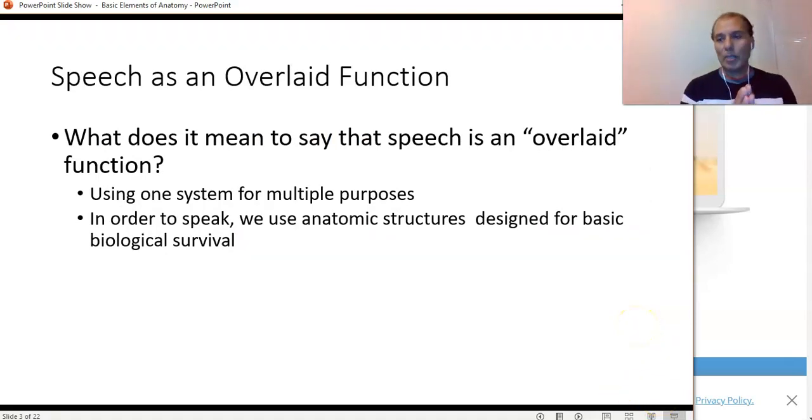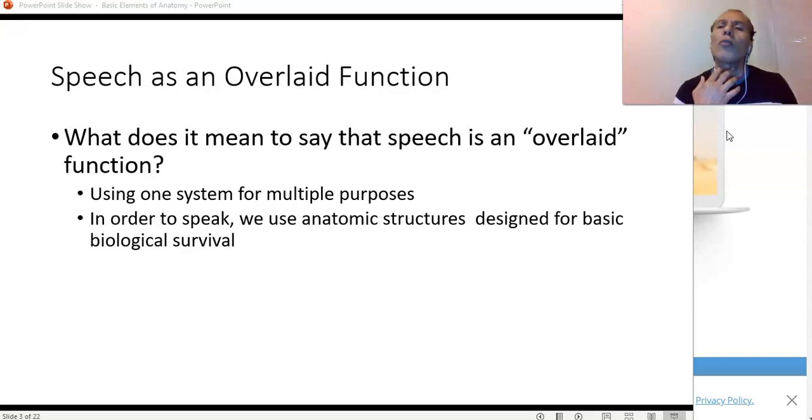When we say speech is an overlaid function, by this we mean that there's already a system that we use for some major functions, and then speech becomes a secondary function. So you say, well, since we use the mouth to eat, for example, can we use it to speak?